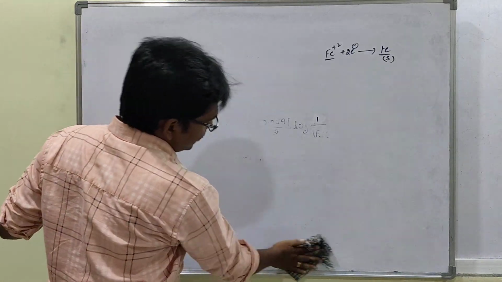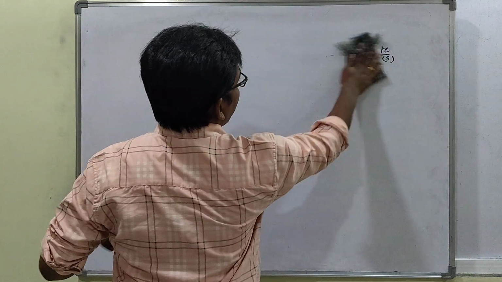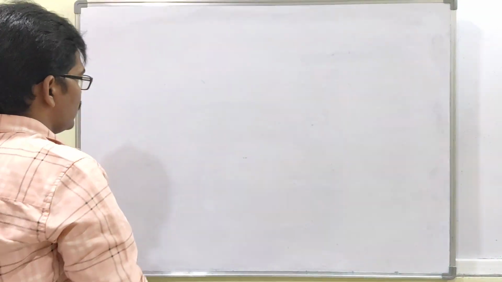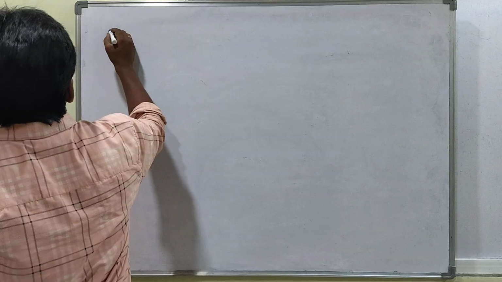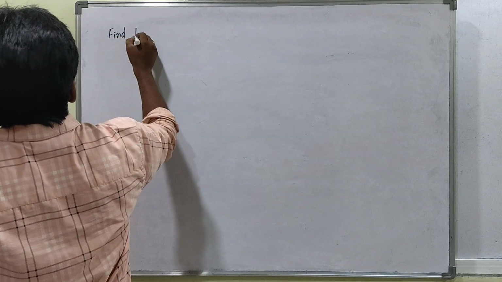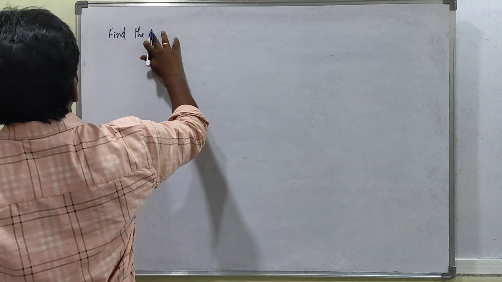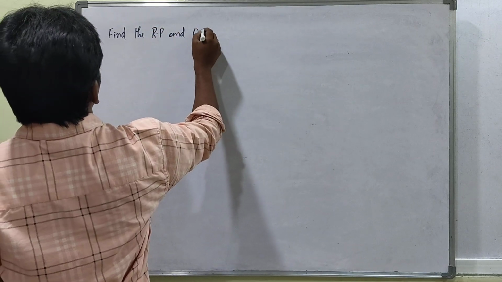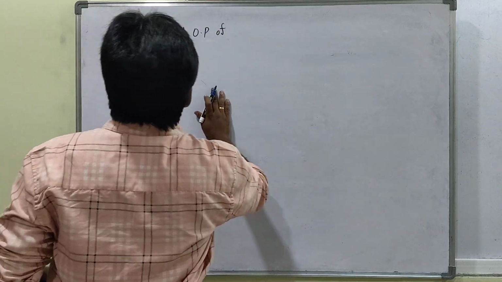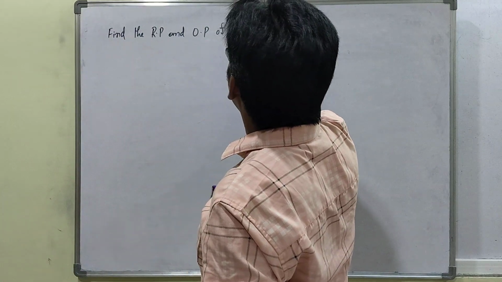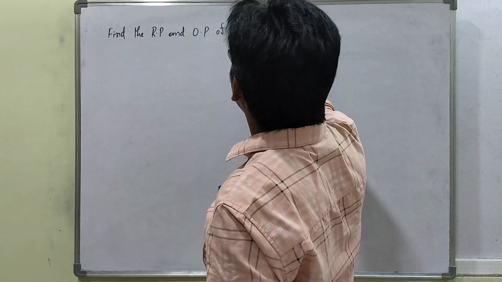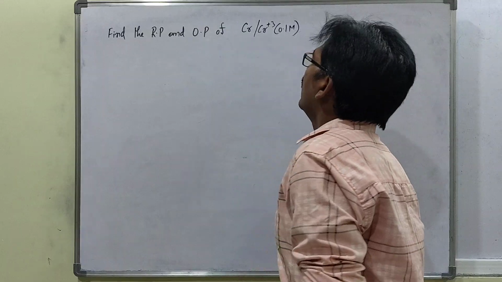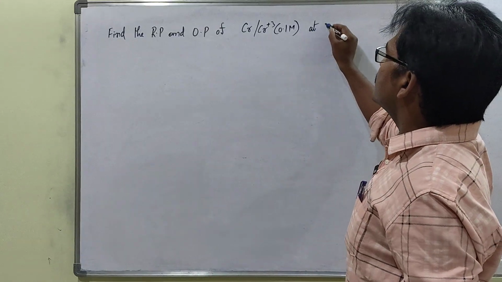Find the reduction potential and oxidation potential of Cr, Cr plus 3 at 0.1 molarity, they are given like this, at 25 degrees Celsius.